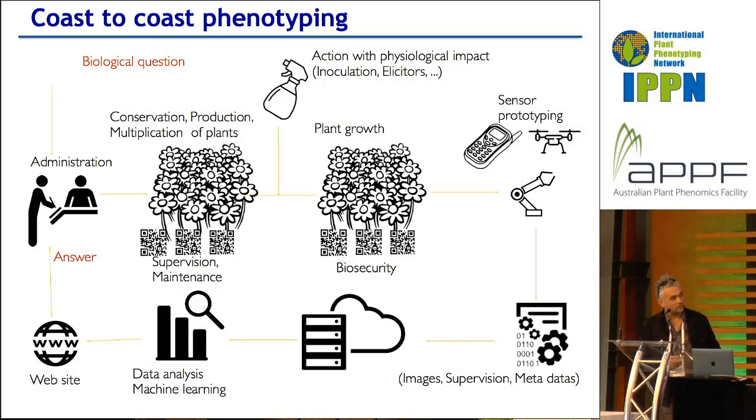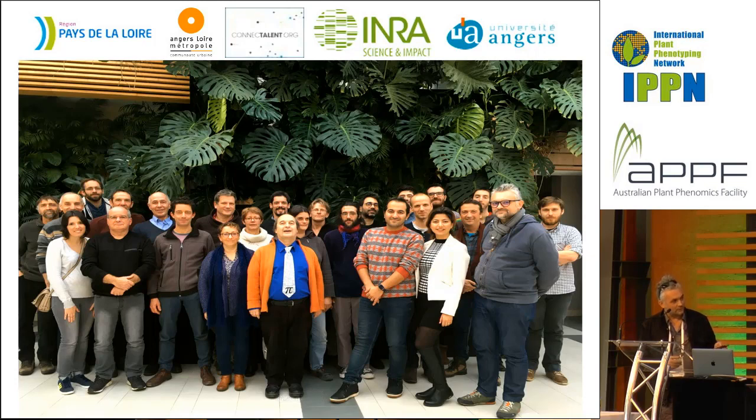And this is somehow the challenge that we try to achieve with our group in Angers, including, as you can see, funny mathematicians in the middle, and other people that take care of all these elements of the chain.